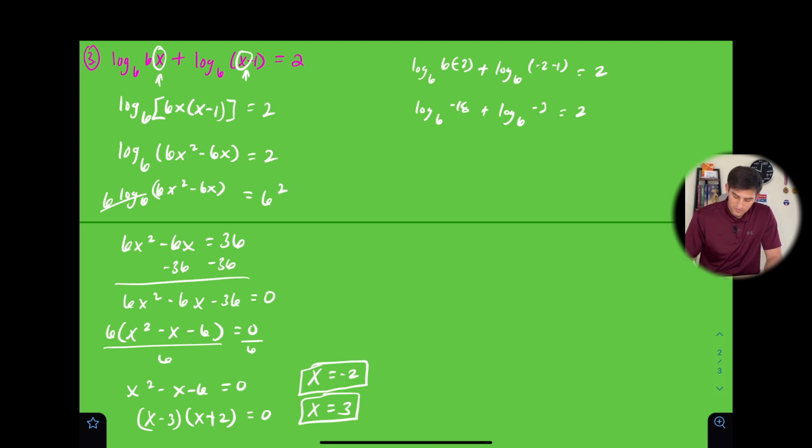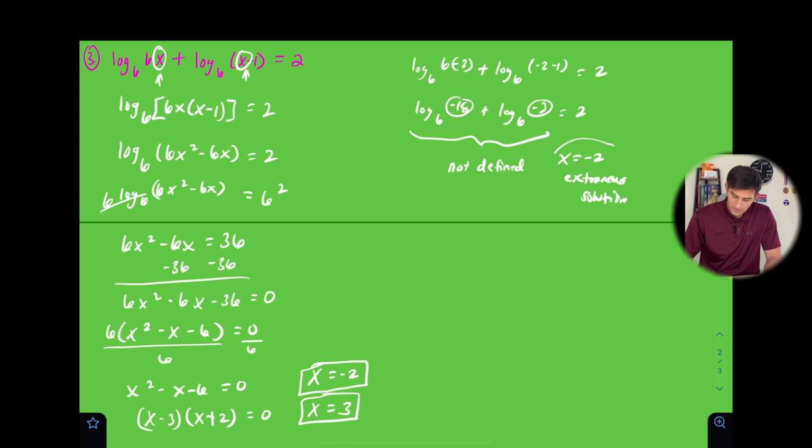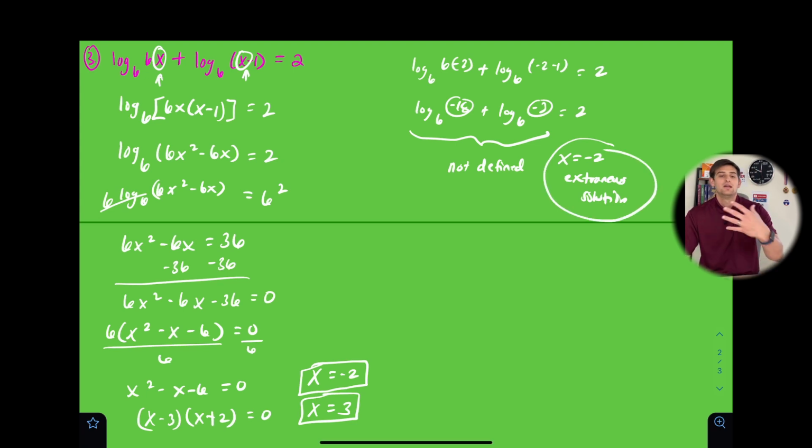And so both of these logs right here, since we are taking the log of a negative, those are not defined, okay? So since that's the case, we're going to say that x equals negative 2 is an extraneous solution. Okay, so it was an apparent solution, but when we plugged it back into our logs, it gave us a log that was not defined. And so in that case, we're going to say negative 2 is extraneous.